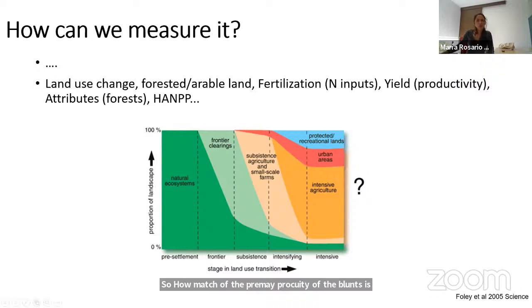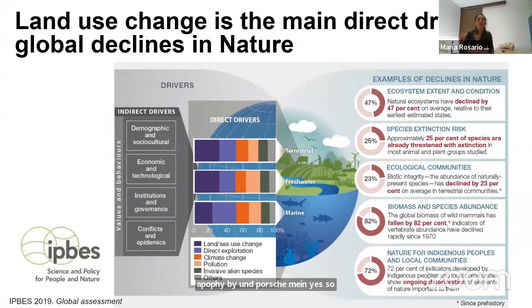So not only former studies have researched the importance of land management, but also the most recent global assessment of the International Platform for Biodiversity and Ecosystem Services, which is the IPBES platform, that probably many of you know.